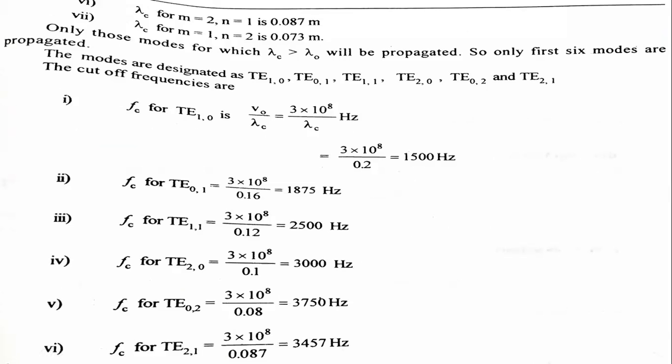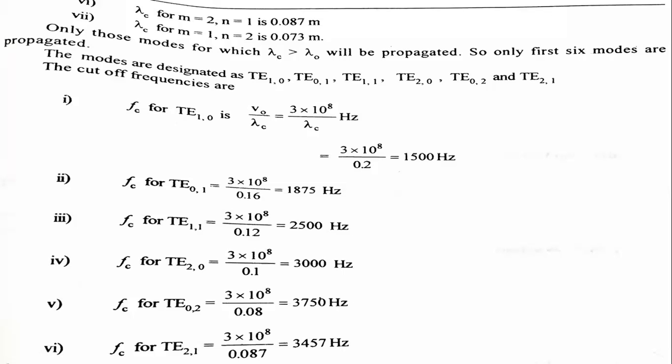Remember the modes which we are taking: 01, 10, 11, then 20, 02, then 21, 12, likewise. These we need to take. Only those modes for which lambda c is greater than lambda 0 will be propagated. So only the first 6 modes are propagated.